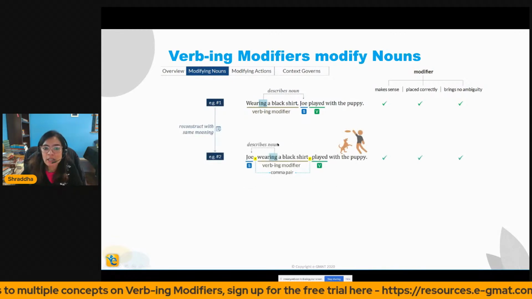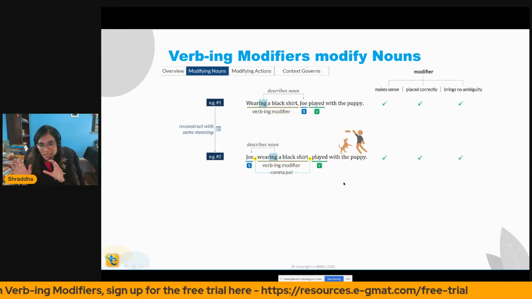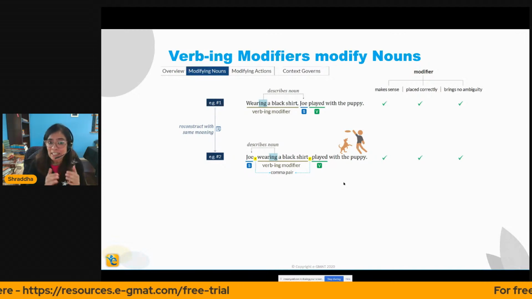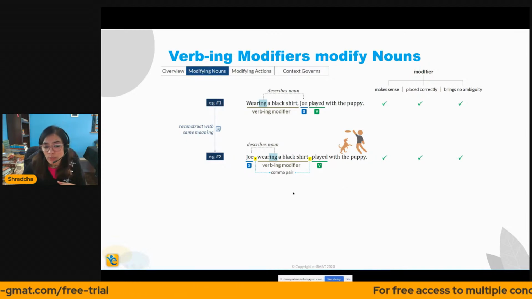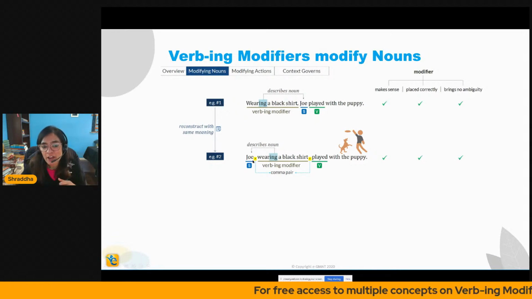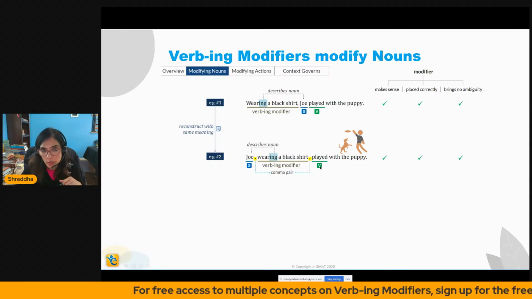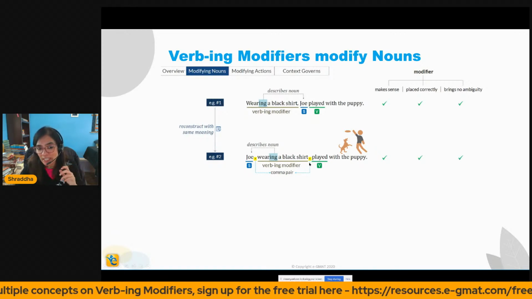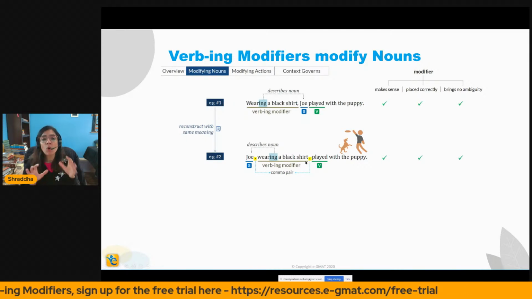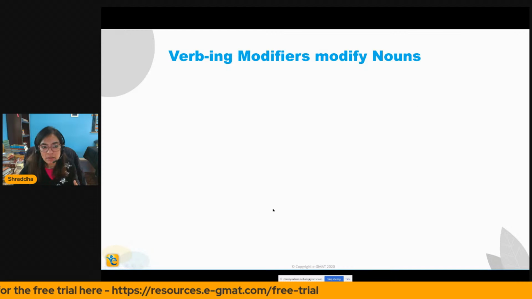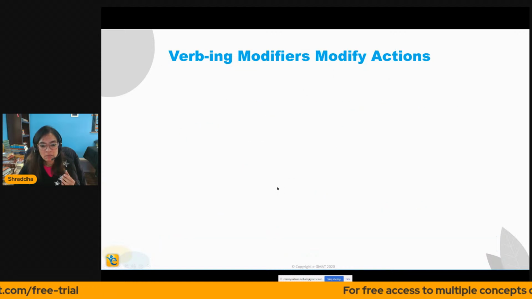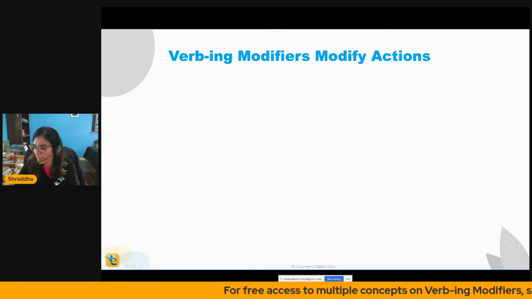Let's reconstruct the same sentence and change the placement of the modifier a little bit. Because wearing a black shirt is meant to modify Joe, we can place this modifier between the subject and the verb. But when we do so, we can put two commas enclosing "wearing a black shirt," or we can choose to write this sentence without them. I'm sorry about that, I'll have to go back in my presentation here. Okay.